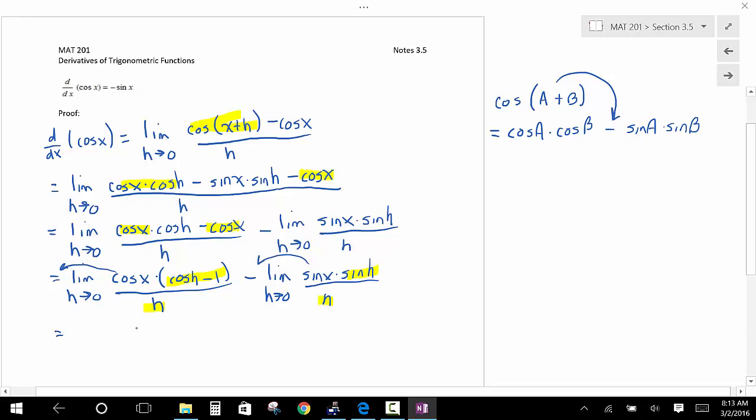So you write this as cosine x times the limit, h goes to 0, cosine h minus 1 over h. See, if you don't know the limit theorems, you could never figure this out. So it's a fundamental part of this. And then same thing here, bring the sine out. Then you would have limit h goes to 0, sine h over h like that.